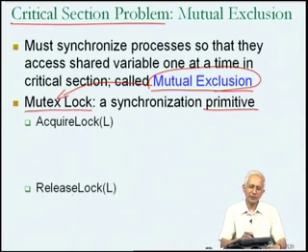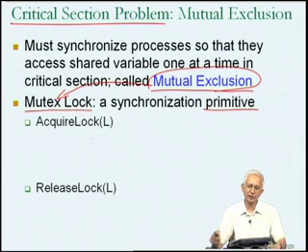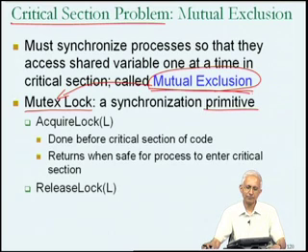And the general idea is that before entering a critical section, in other words, the regions of my concurrent program that are critical sections, I must put an acquire lock call before the critical section and a release lock call after the critical section, and that will in essence lock the critical section code to solve this problem and make sure that only one process is executing inside that piece of code at a time.